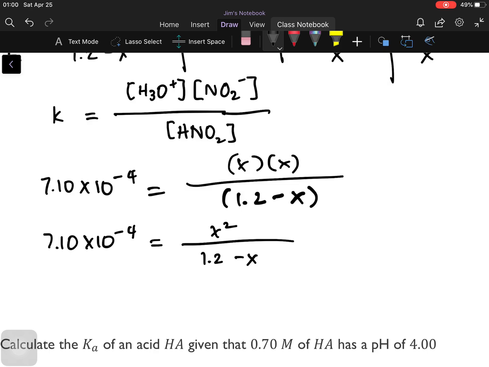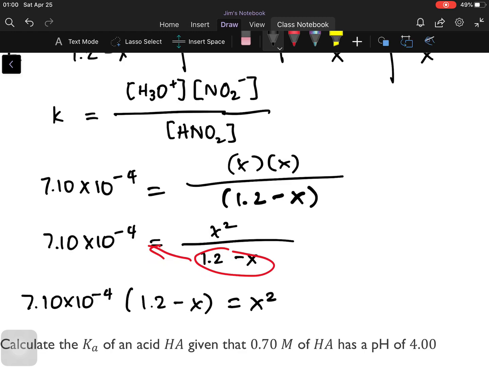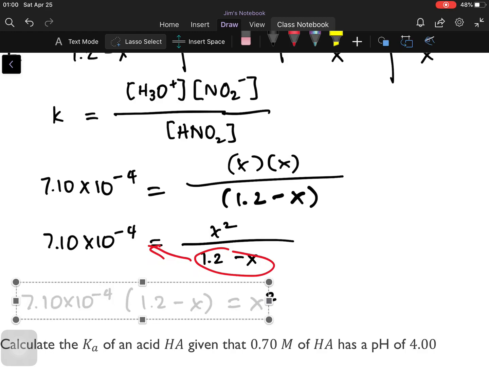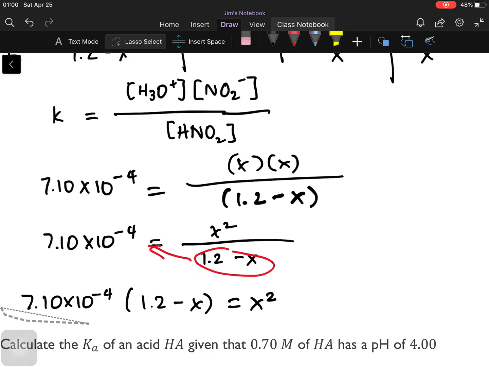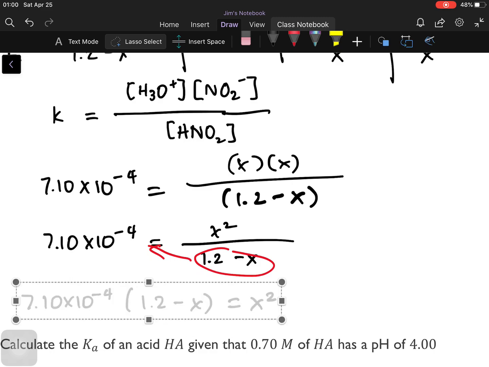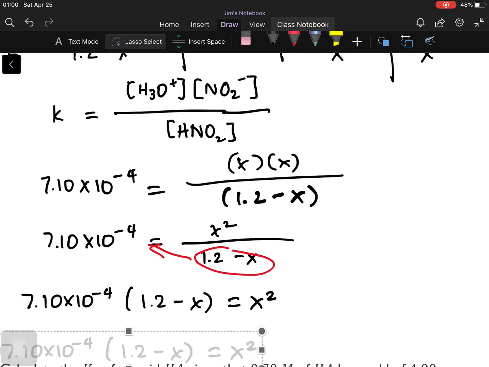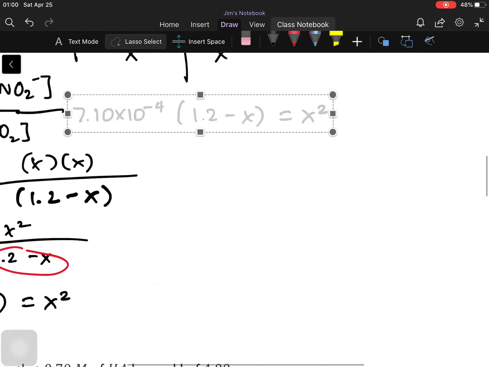Cross multiplying this term into the other side, that will give me 7.10 times 10 raised to negative 4 times 1.2 minus x equals x squared. So I'm going to copy this first.